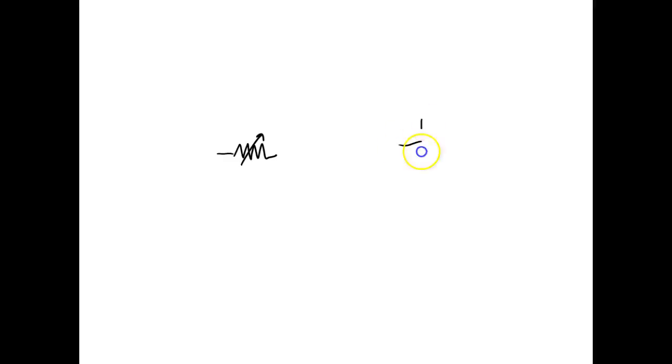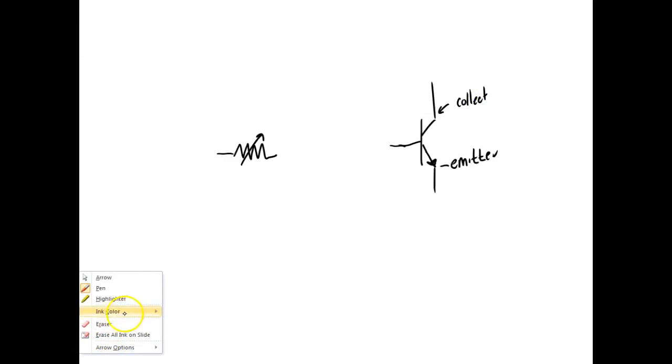So we've got three leads. What are the three leads? This one with the arrow on it, we call this the emitter. The other one is the collector. There's your valve right there. So if we deal with electron flow, this is the valve right here.